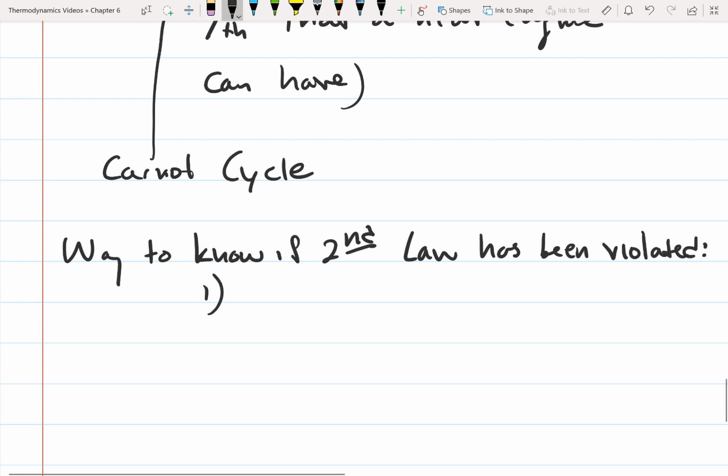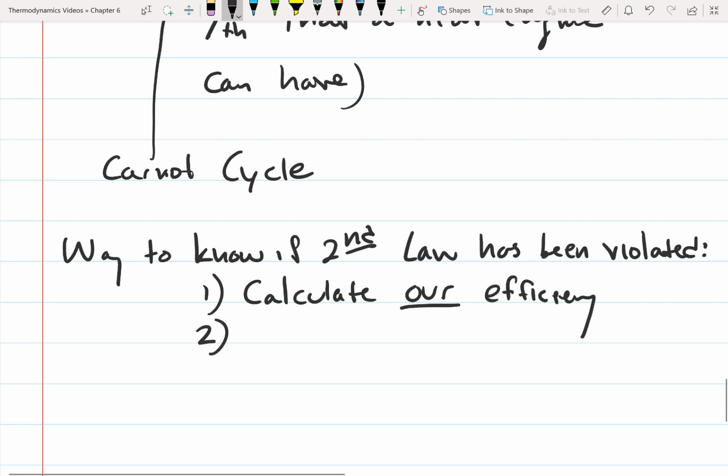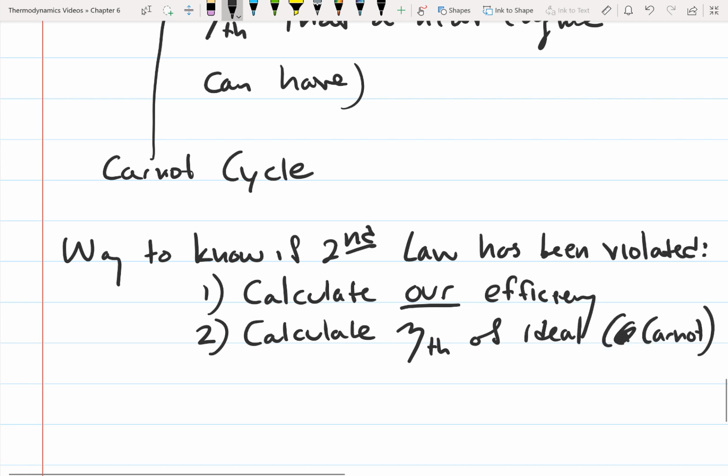The first thing we're going to do is calculate the efficiency for our proposed heat engine. Then we're going to calculate the efficiency of the ideal, or Carnot, cycle. Based on the heat source and heat sink that we're using, we can calculate what the efficiency of an ideal Carnot cycle would be.